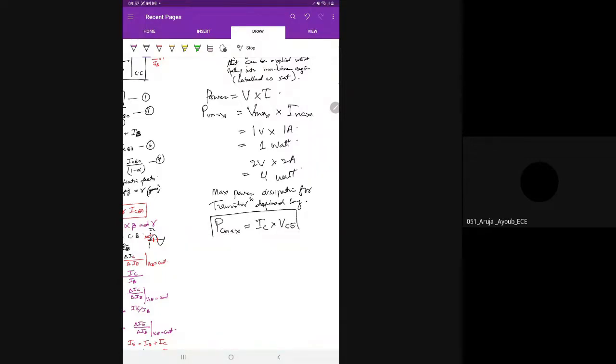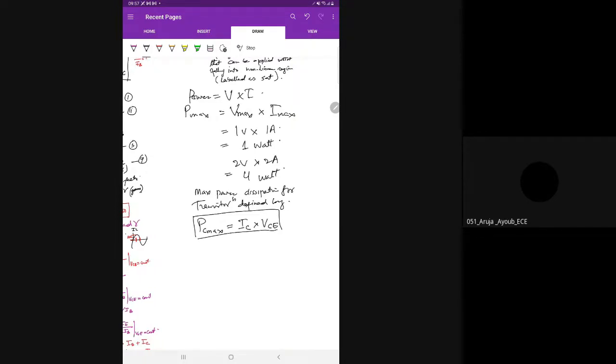Generally speaking, maximum power which is dissipated by a BJT is of order of 300 milliwatts. इससे ज़्यादा एक BJT नहीं कर पाता है power dissipate. If you exceed power, अगर आप voltage और current को और ज़्यादा बढ़ाओगे, then more heat will be dissipated, which is greater than 300 milliwatts. In that case, the junctions of the BJT will be damaged.